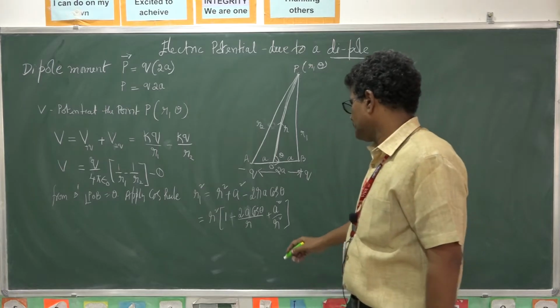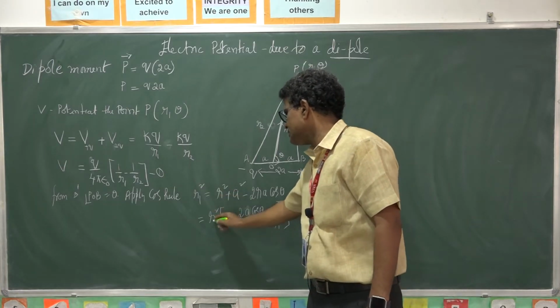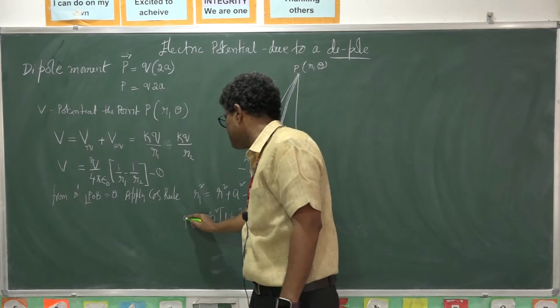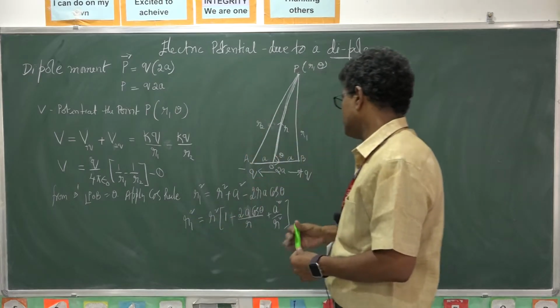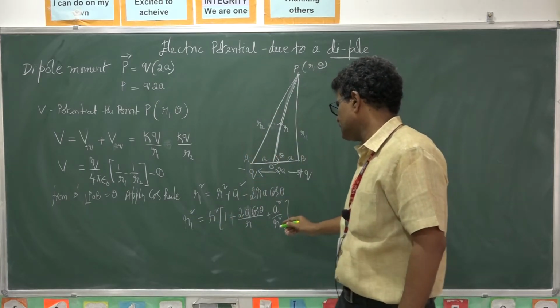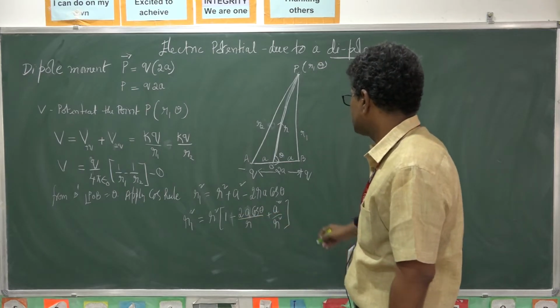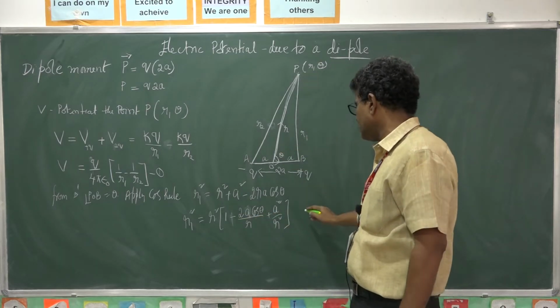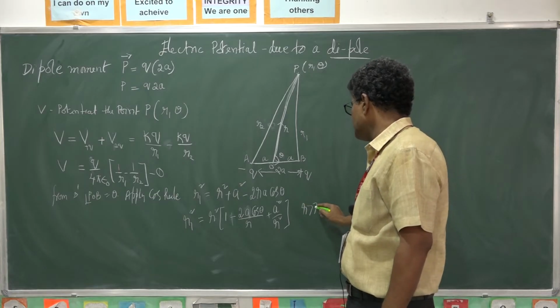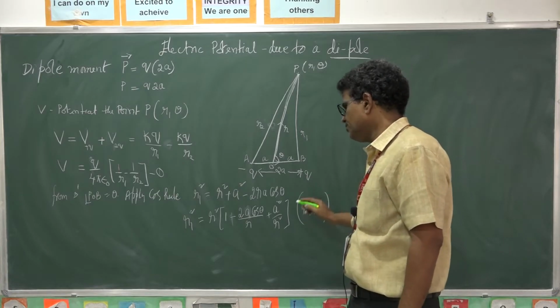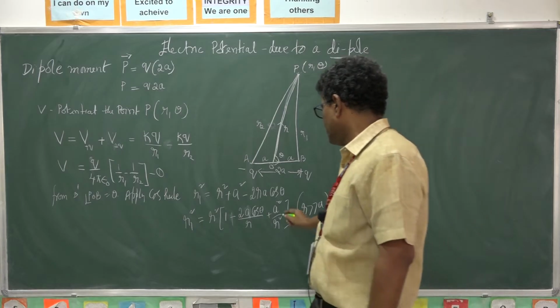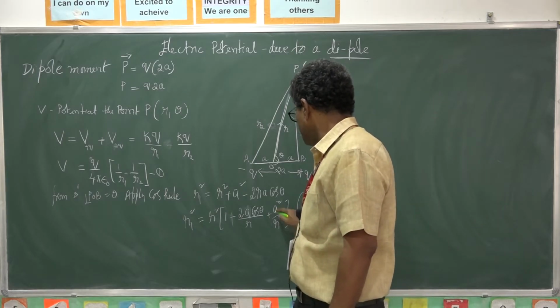Okay. So I take R square as common in R1 square. Since the assumption here is that R is very much greater than A, based on this assumption you can neglect this term, A square by R square.